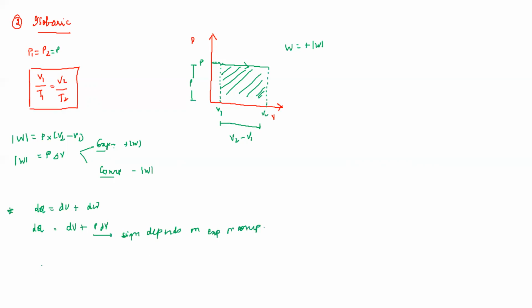Okay, so once we have this about isobaric process, let's go ahead and talk about the third type of process, which is quite important for now. It is isothermal process.